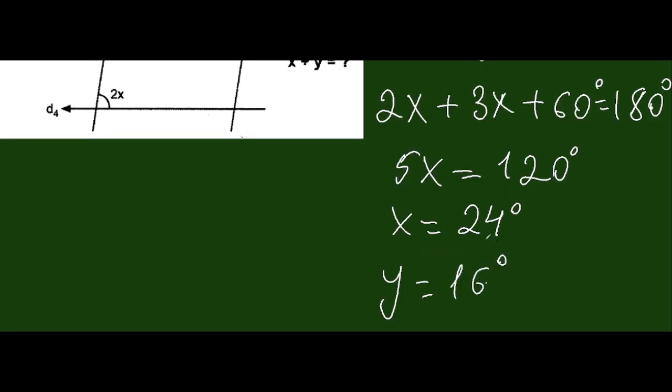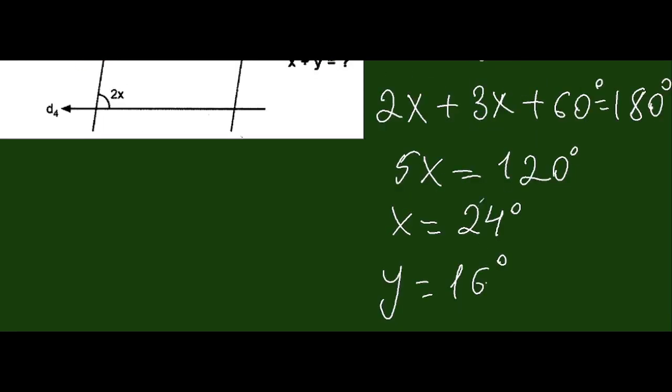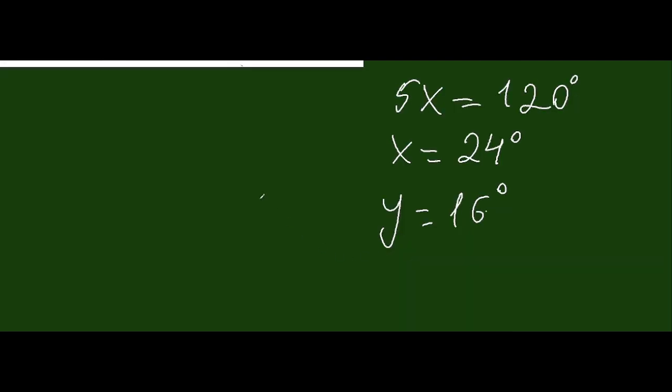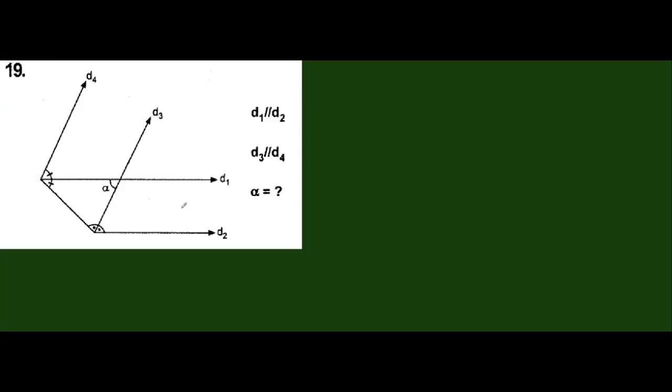So here y equals 16, yeah, 8 times 3 will be 24. And we'll just find x plus y, and it will equal 40 degrees. This is our final answer. Let's move on.